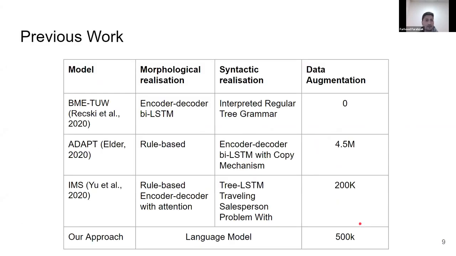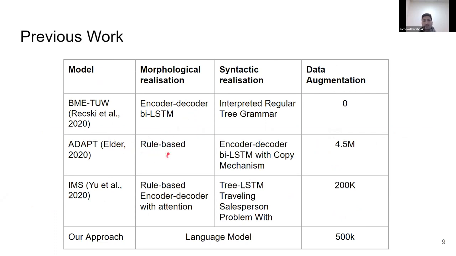Some of the previous work that participated in the shared task: for example, a team from Vienna and Budapest University used an encoder-decoder model for inflection, and they used an interpreted regular tree grammar for ordering tokens.